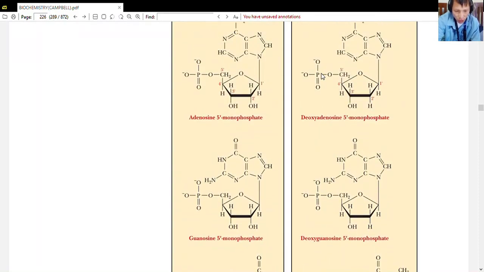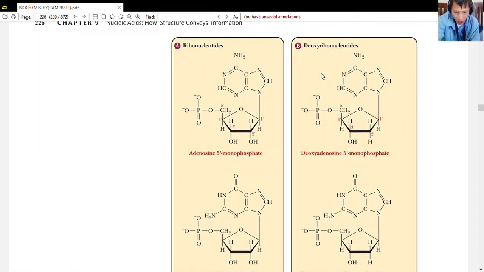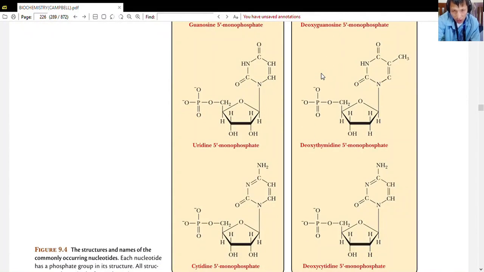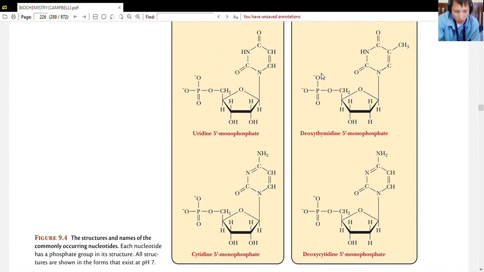So they are 4 parts for DNA, 4 parts for RNA. For RNA, that is adenosine, guanosine, uridine. The uracil with the phosphate group and the nitrogenous base, we call it uridine. And then they differ for DNA about the thymine. Thymine with the nitrogenous base and your phosphate group is called deoxythymidine.